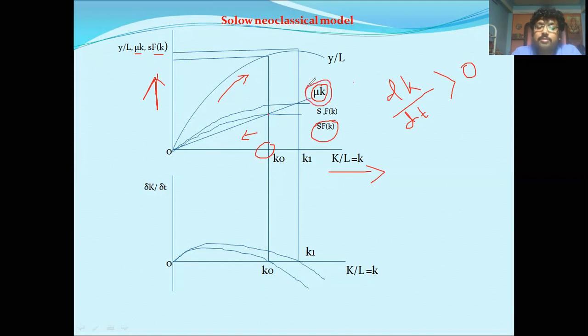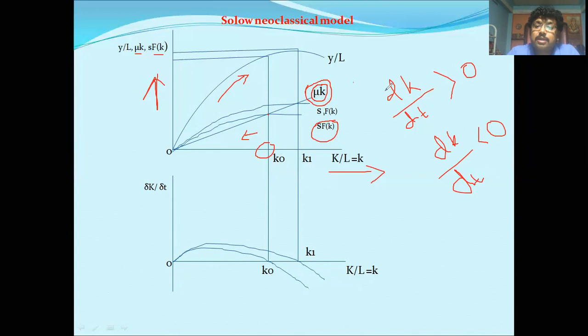But when dk by dt is negative, the rate of increase in capital per head is less than 0. Okay, then what will happen? The savings per head is less than the capital accumulation per head.